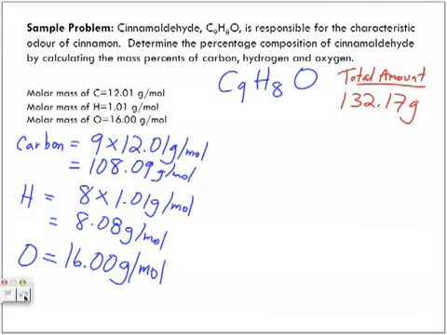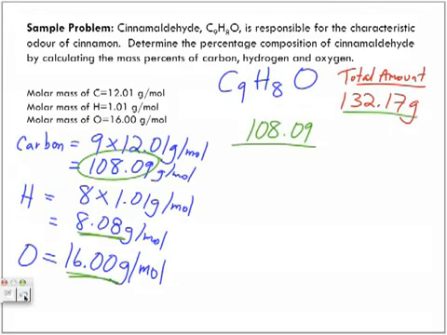We're going to take the 108.09, and we're going to divide it by this total. And we're going to divide all of these by that total. So 108.09 divided by 132.17 grams. And then we're going to multiply it by 100.